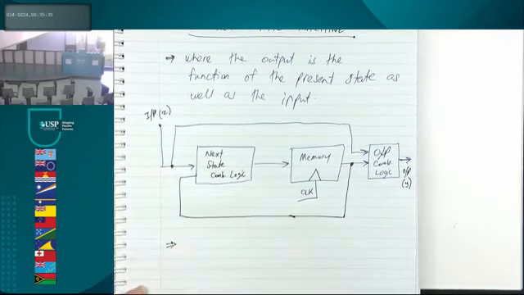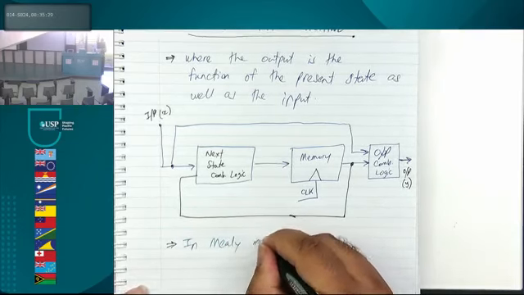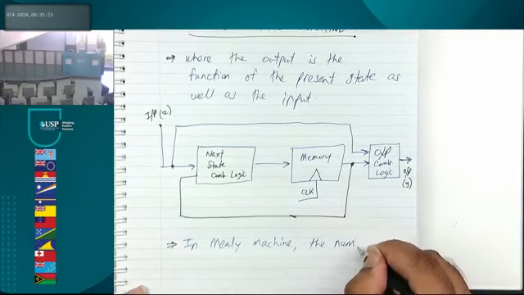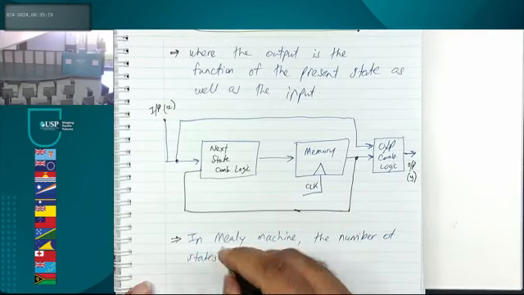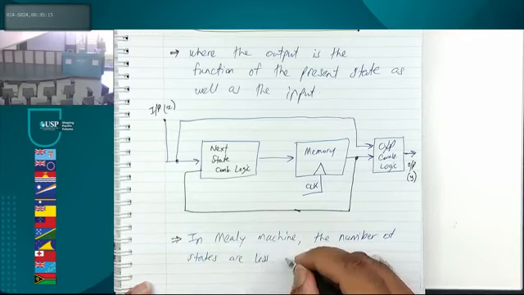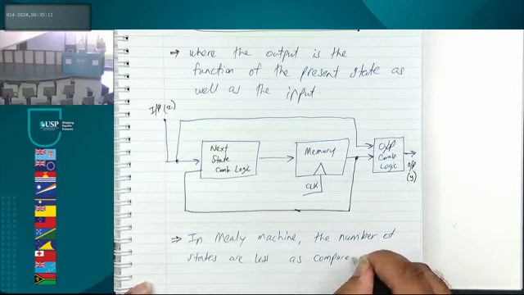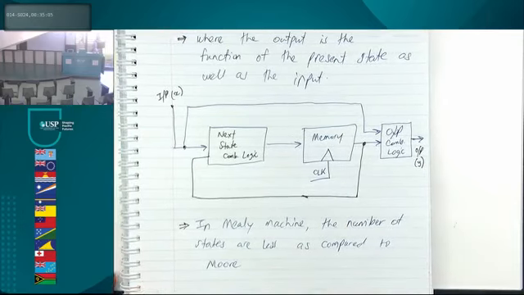In a Mealy machine, or Mealy circuit, the number of states is less as compared to Moore.